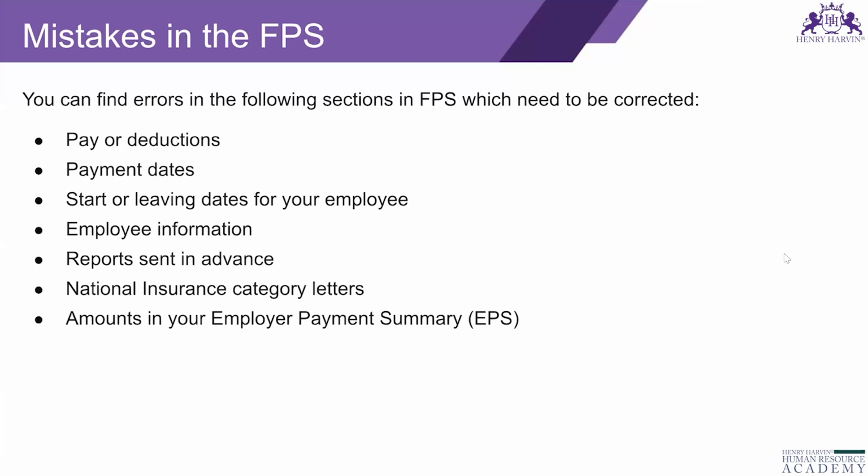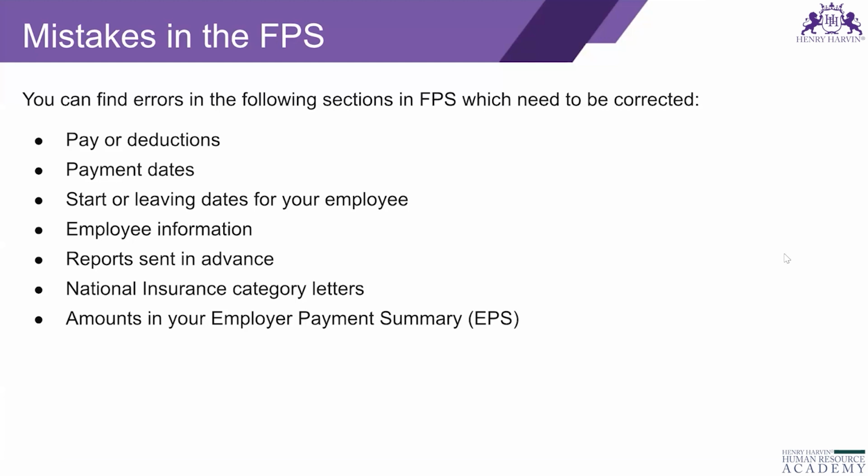Why are we mentioning a report sent in advance? Because you're in a hurry, so you can make a mistake while sending that report. There could be multiple errors in that report. For example, you have not reported the correct tax codes. You've missed updating the tax code and you've run the payroll by mistake. So most of them will be incorrect.